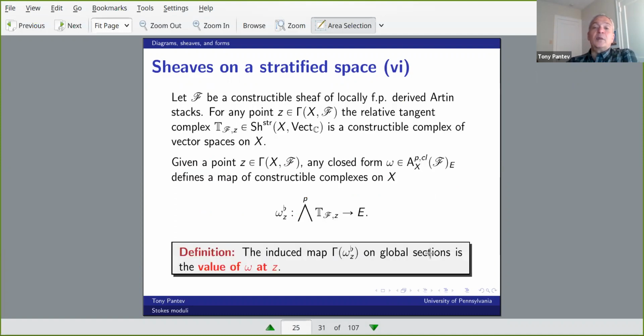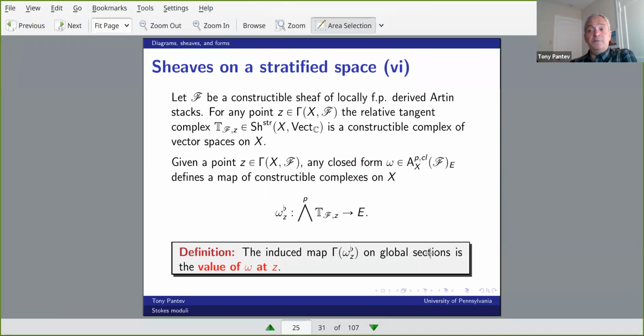And if F is a constructible sheaf of locally finitely presentable derived Artin stacks, so algebraic, then for any local section, you have a relative tangent complex, which is a complex of vector spaces on the base.